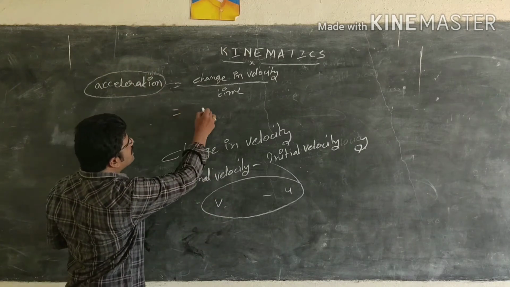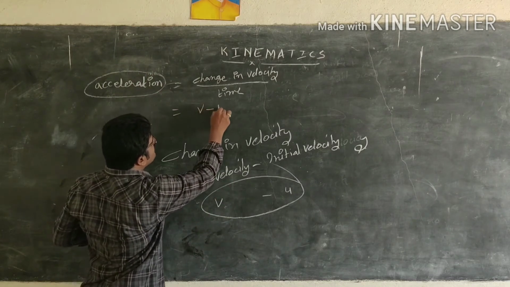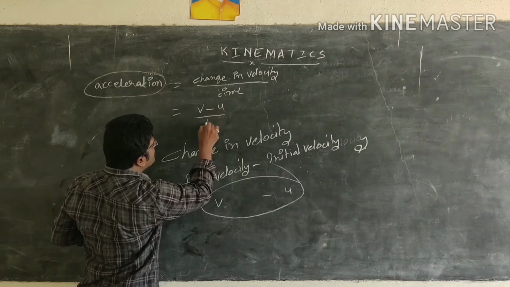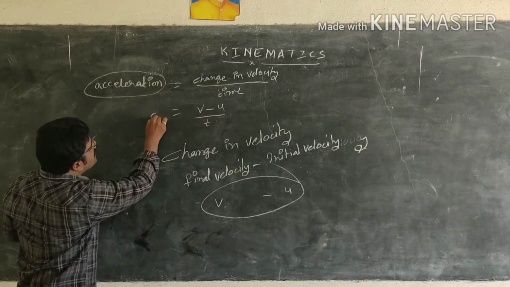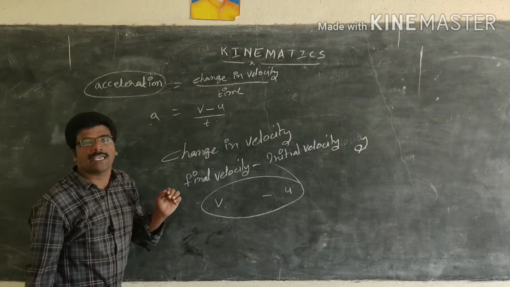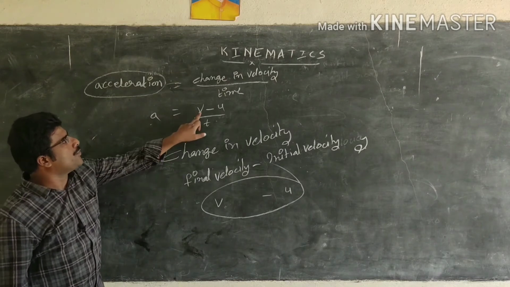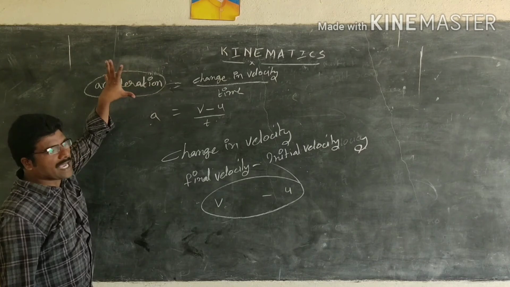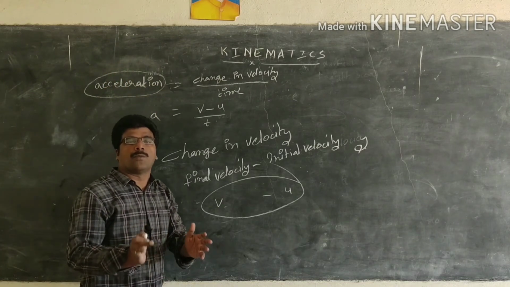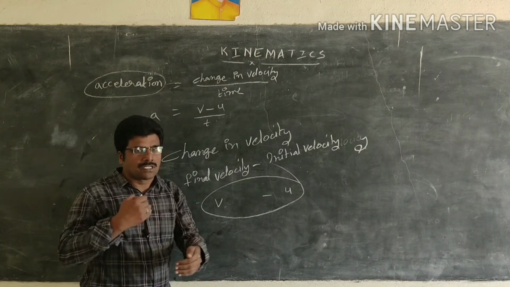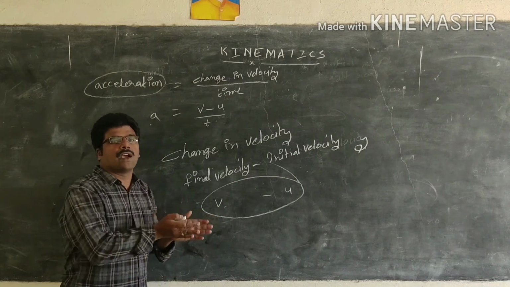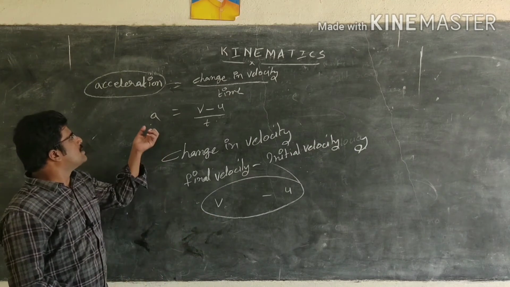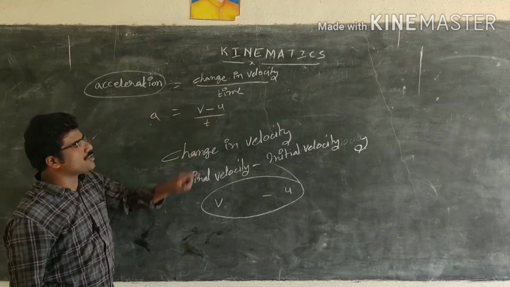Change in velocity is V minus U, and time is t. Acceleration is represented by the letter A. A equals V minus U by t. This is the formula for acceleration. Whenever the body undergoes change in velocity, it will have some acceleration.